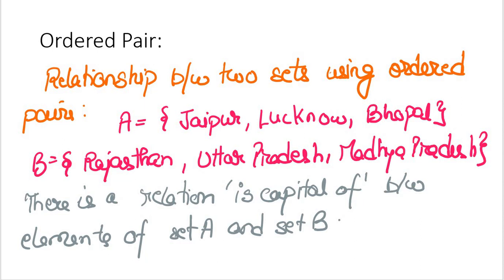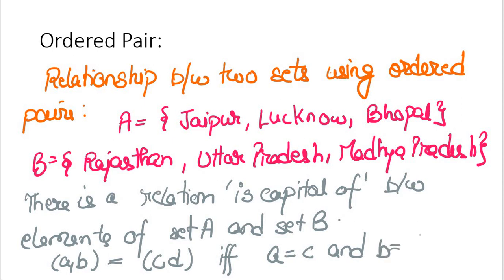Right. We can also say that (a, b) is equal to (c, d) if a is equal to c and b is equal to d.